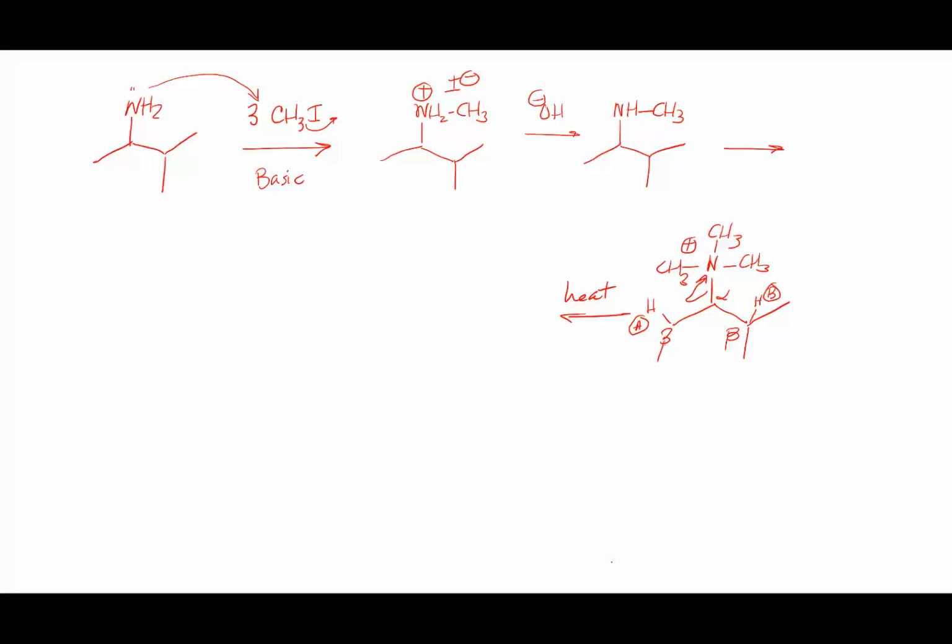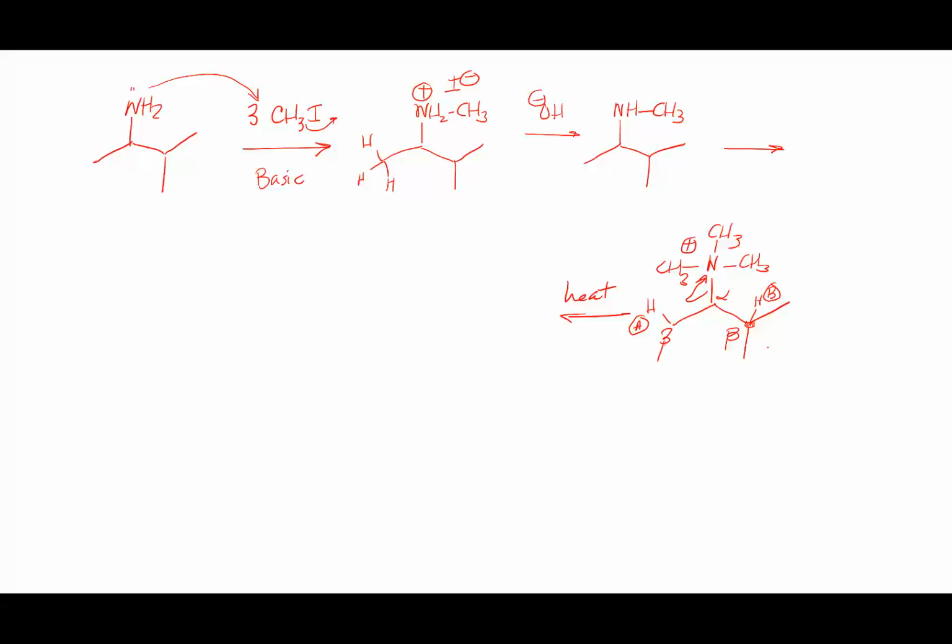So let's just think about that a little bit here. On this end carbon, the CH3, there are 3 hydrogens that I can orient anti-periplanar to the N+ group. Whereas over here on the beta carbon, there's only 1 hydrogen that can be lost.